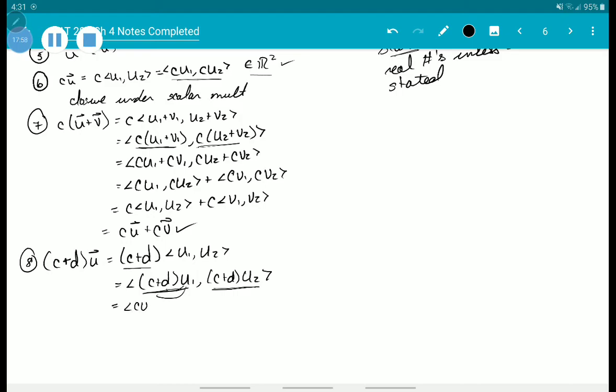So I have cu1 plus du1, and then cu2 plus du2. Now I'm dealing with properties of real numbers.